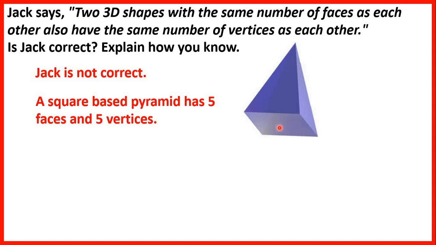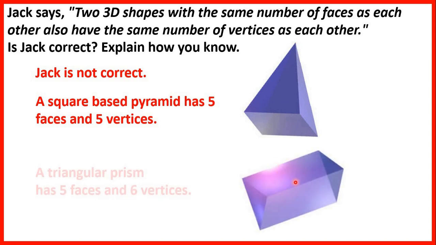So that's 1 square face, 4 triangular faces, so 5 faces altogether. And then vertices are the pointy bits. So we have 4 vertices in the corner of our square, and then another vertex at the top, so that's 5 vertices altogether.